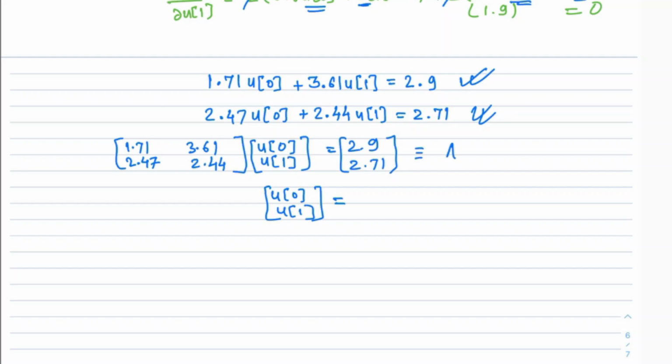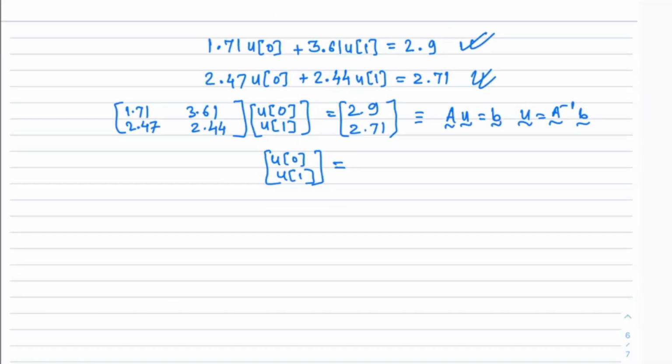So if I were to write this as A into U equals to B, my U would be A inverse B. Okay, finally it's up.